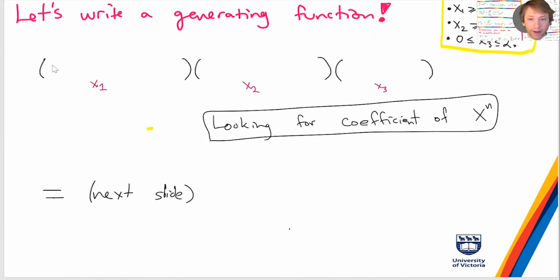The exponent of x1 can be any number that's at least 0, so 0, 1, 2, etc. Oh, sorry. I feel like I must be half asleep today. x1 is even.